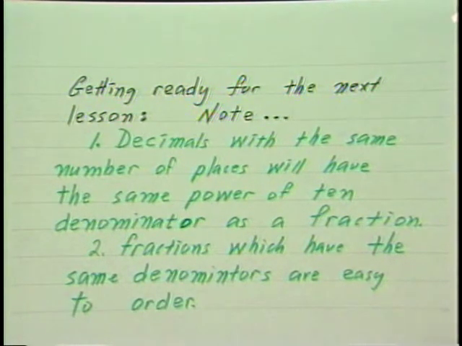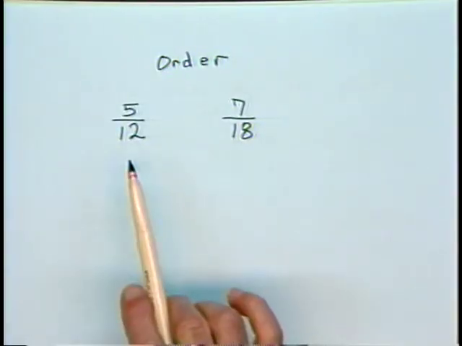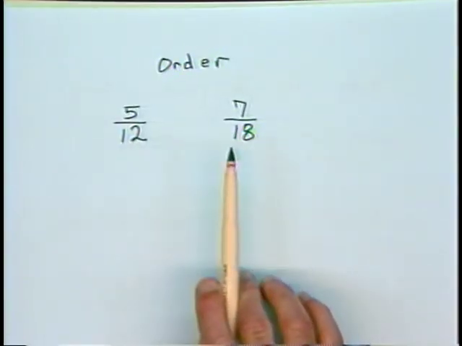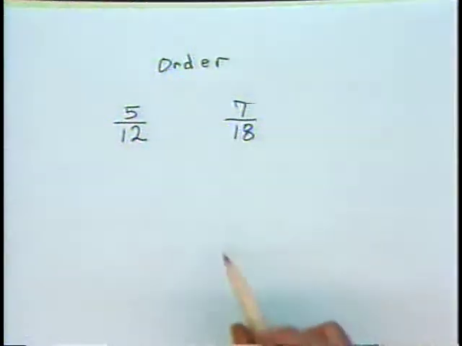An example in review. It is not readily discernible in this case, for instance, which of these two is the larger fraction.